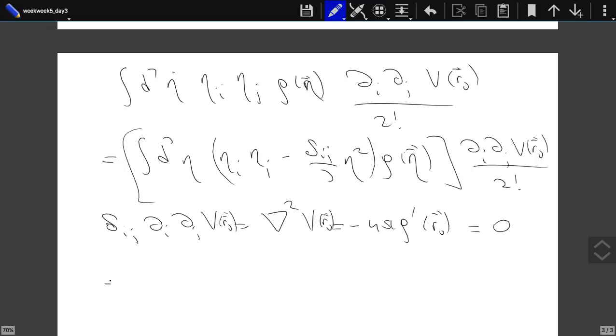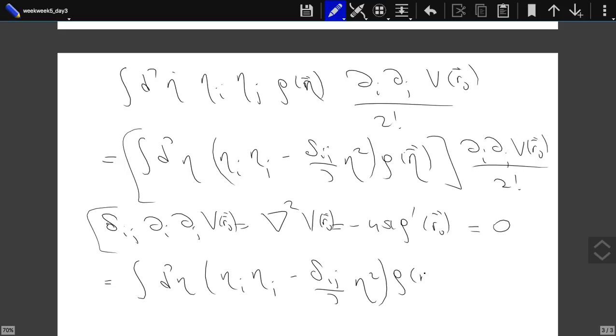Now, furthermore, I can do one more step. And I can write this term as 1 over 2 factorial del i, del j minus Kronecker delta ij over 3, that term is 0. Anyway, it just looks more symmetrical. That's why sometimes we add it. That's the Laplacian of V, that is 0.